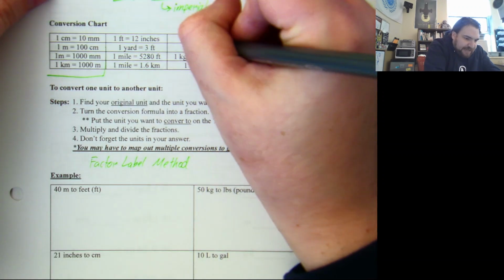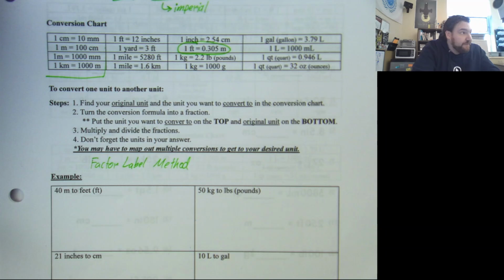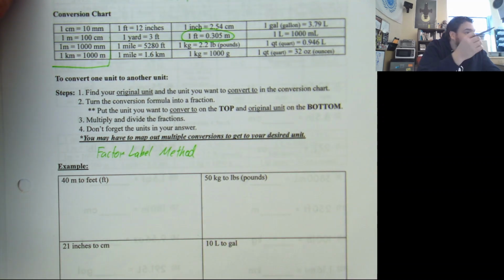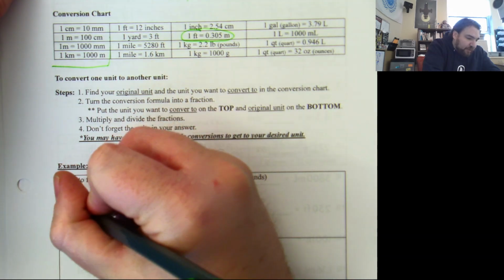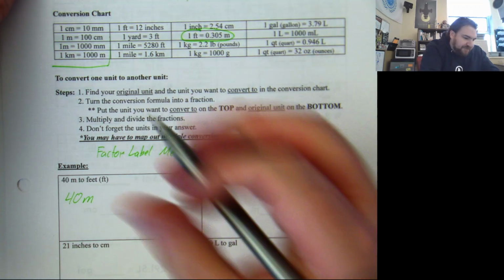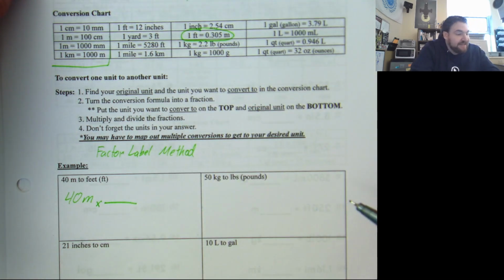So this guy right here is the scale factor, or the conversion factor, that we're going to use to take our 40 meters and convert it into feet. And it works the same way a scale factor does. We're going to start with what we know. We know we've got 40 meters, but we don't want 40 meters. What we're going to do is use this thing as a scale factor to multiply to get rid of the meters and give us feet.